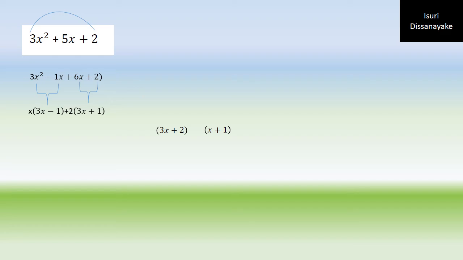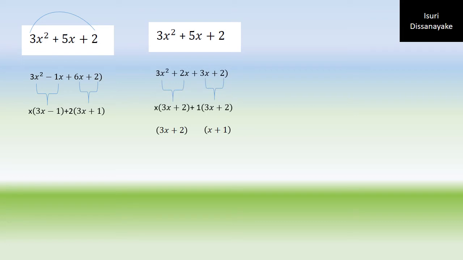But you can clearly see when I multiply 6 by minus 1, the answer is going to be minus 6. Also you can see you cannot factorize it correctly. That means the factors that you have picked are wrong. You cannot split 5x as minus 1x plus 6x.